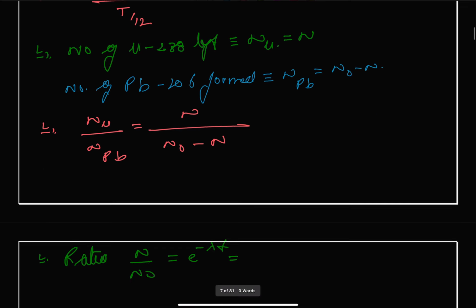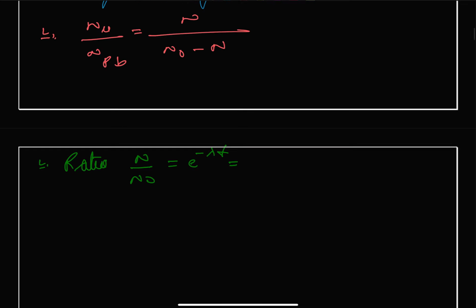This can be written as e raised to the power minus natural log of 2 divided by T half, multiplied by T, which gives 2 raised to the power minus T divided by T half.